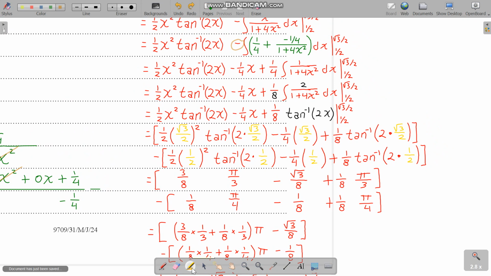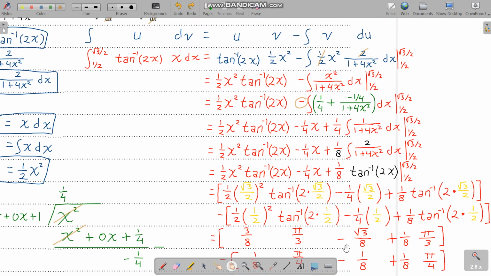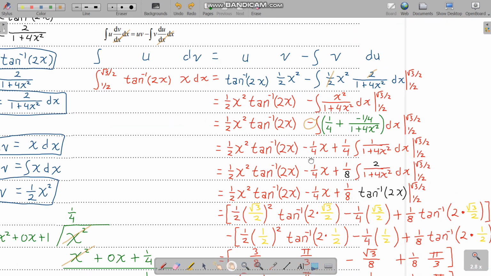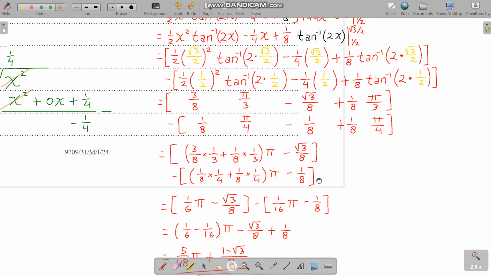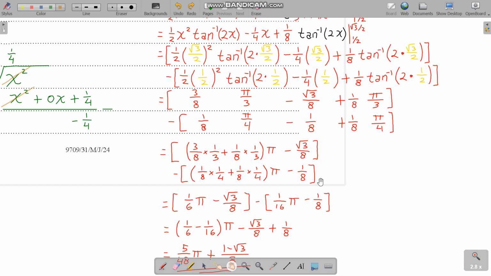Root 3 over 2 and then 1 over 2, and then subtract. Because we have to use exact values here, if you try using a calculator and you get decimals, that means you cannot use the exact value.